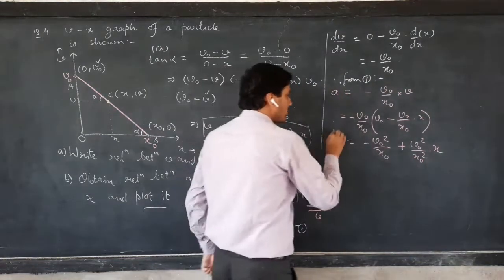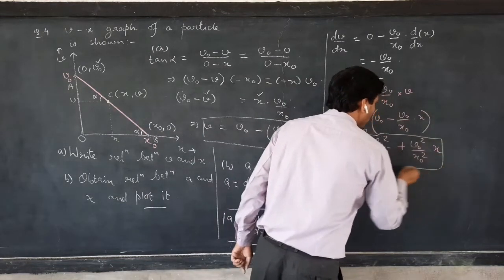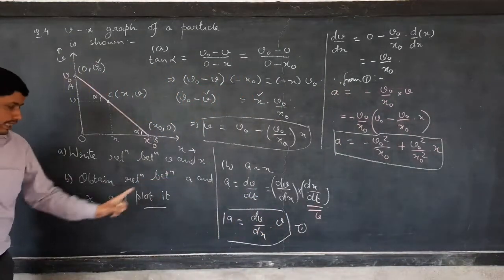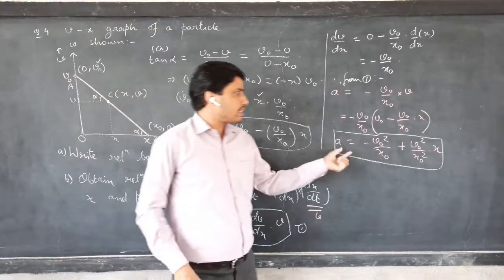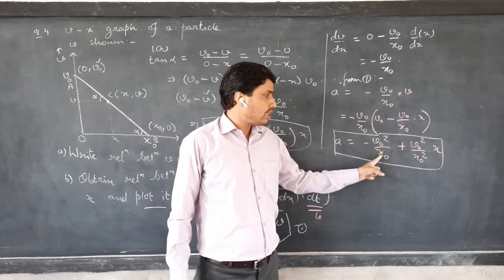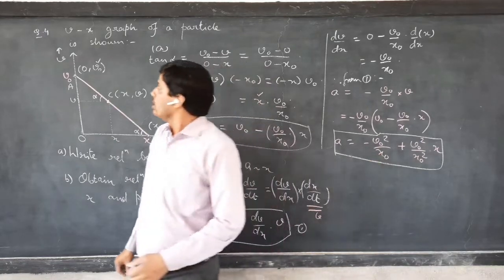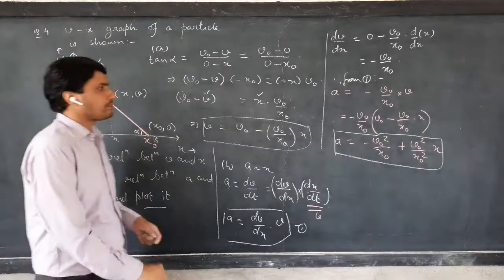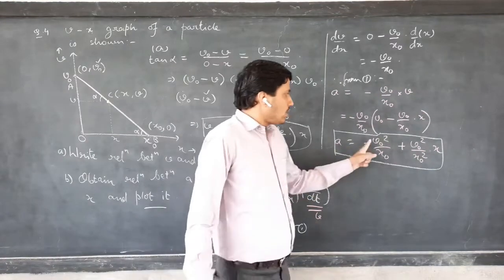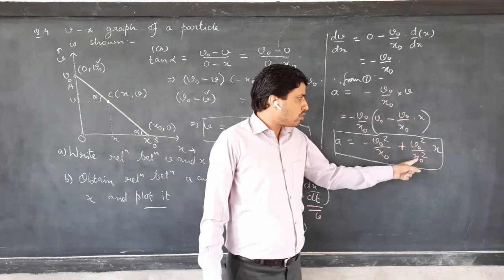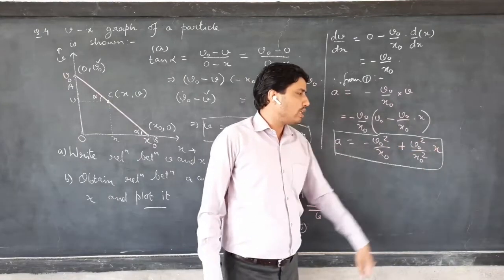This is the final expression for A in terms of x. So we obtained a relation between A and x. This is the relation: our acceleration is some constant with negative sign. See, v naught square by x naught is positive. Here it is given that x naught and v naught are positive, so this term becomes negative, plus v naught square by x naught square, which is again positive, into x.